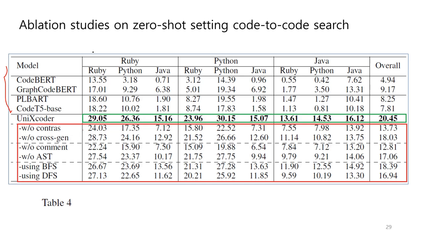For example, without contrastive learning, there is a gap. A lot of difference is achieved without the contrastive learning and with contrastive learning. Same with the cross-modal generation and without cross-modal generation.